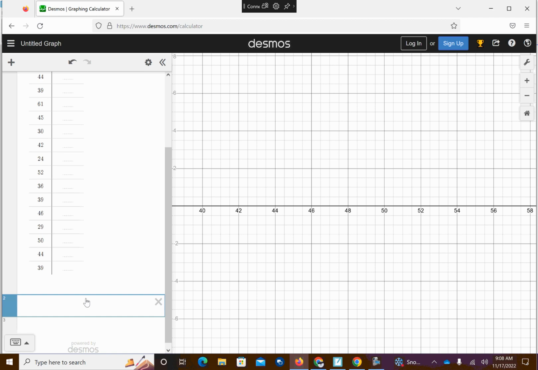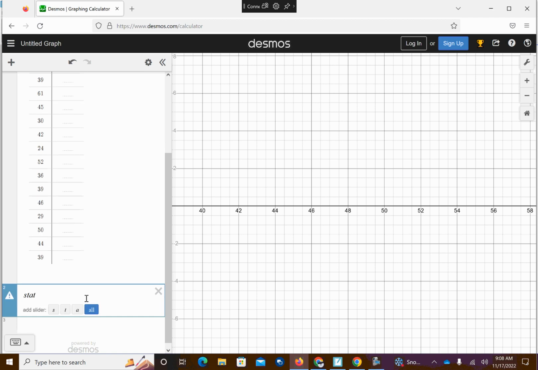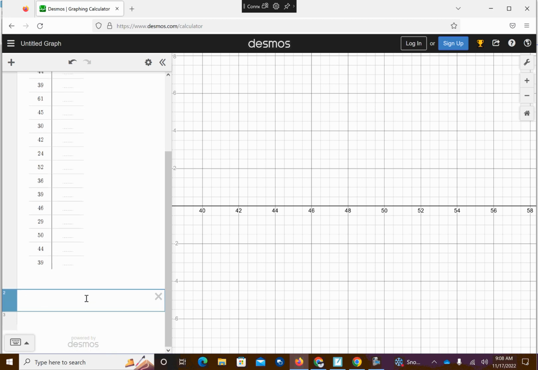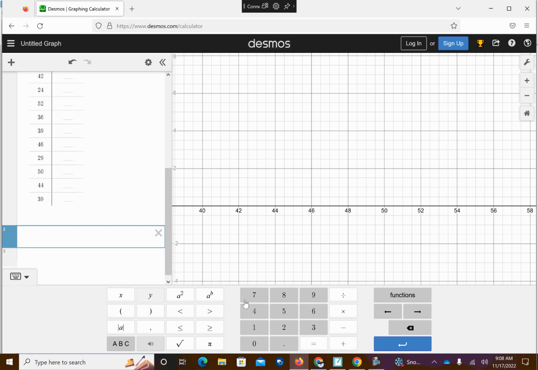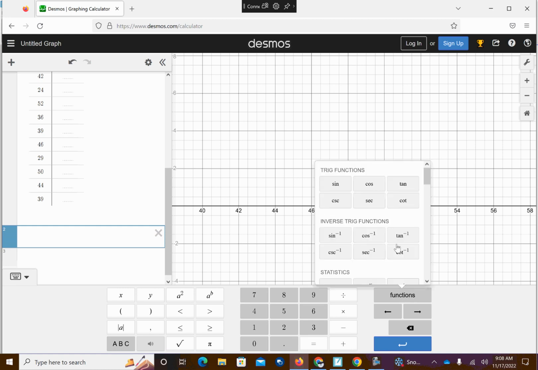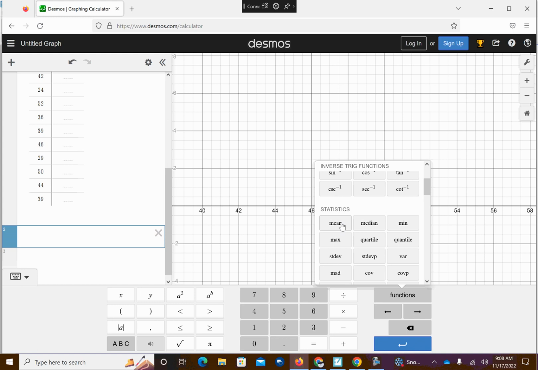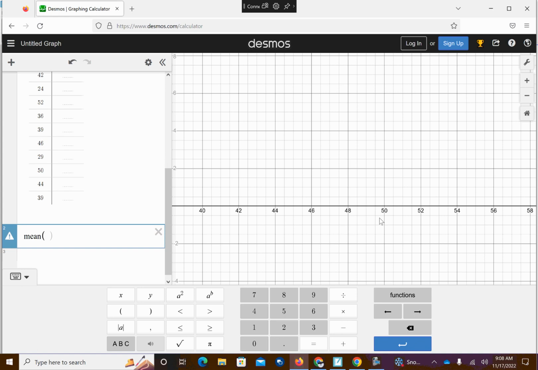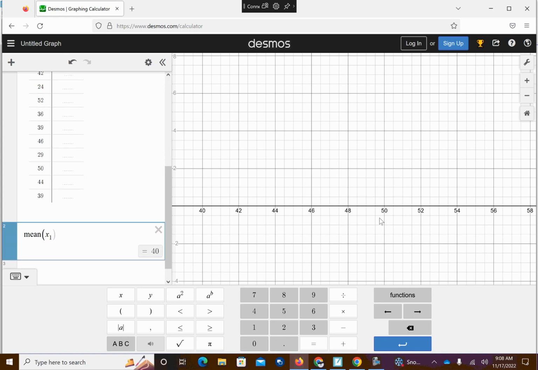I can go stat. Nope, that's not what I wanted. I have to look for it. Go under functions, statistics. We can find the mean of x1, which is 40.